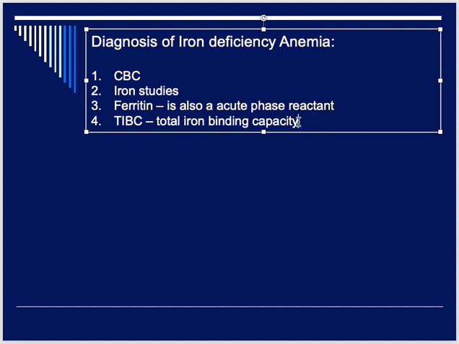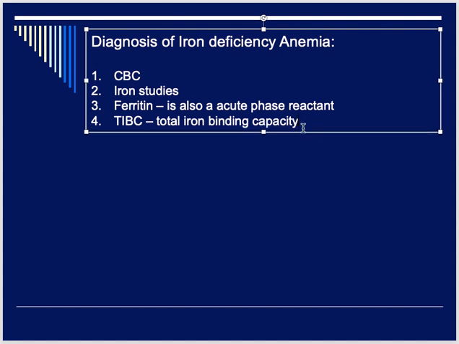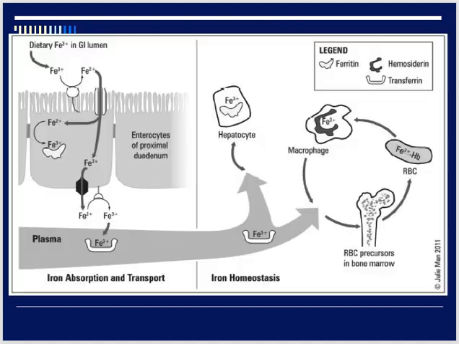First of all, I think I must tell you what it is. Total iron binding capacity can be understood in this way. You can see over here, this is the transporter, transferrin. It has places for the iron. For example, I'm just giving an example, 5 irons can sit together on this transferrin.